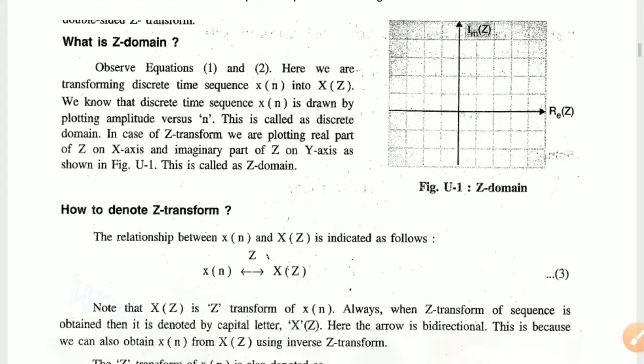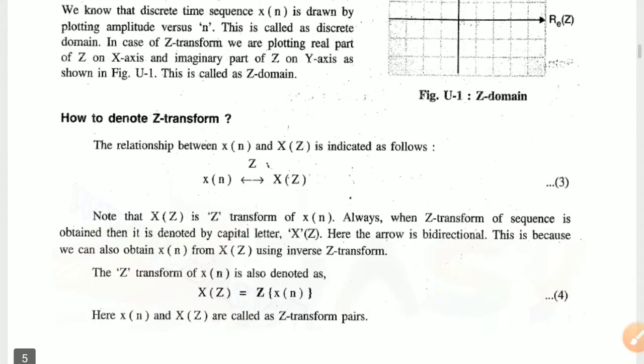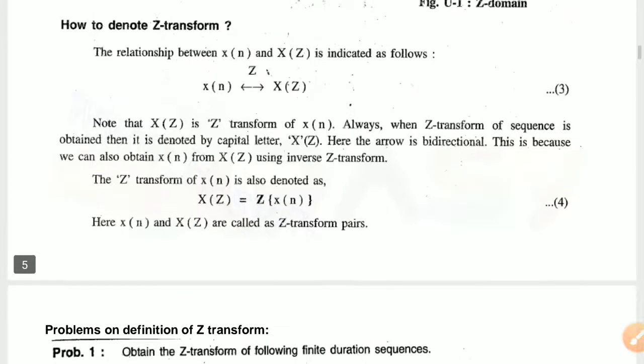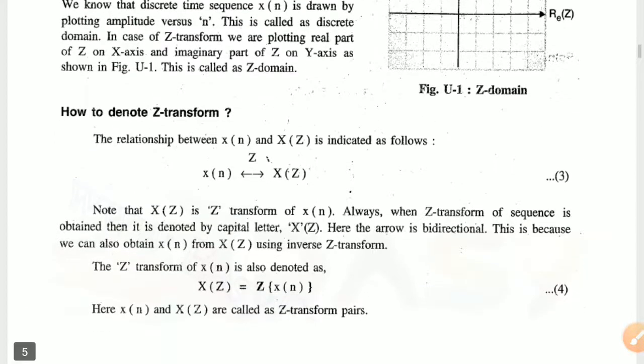So how to denote this Z transform? There are basically two types of notation used to denote the Z transform of any discrete time sequence, or we can say digital signals.